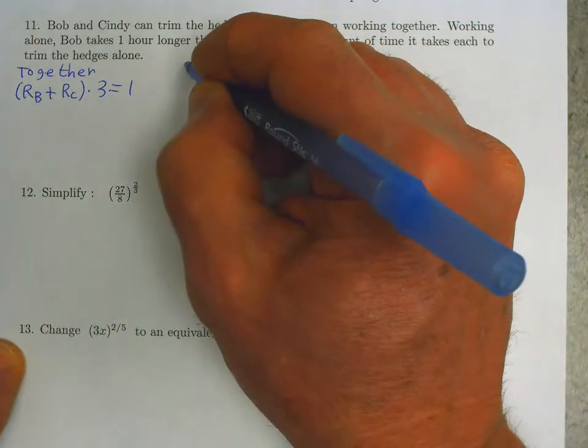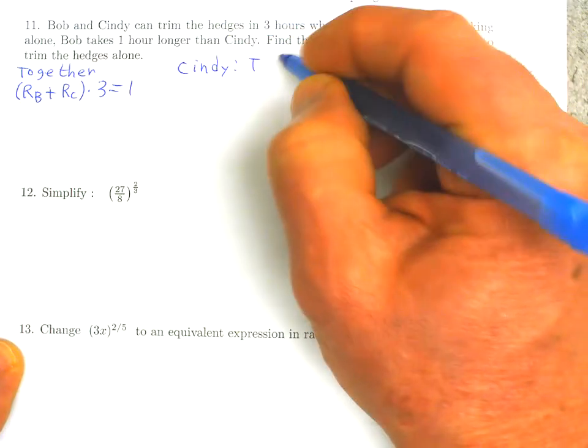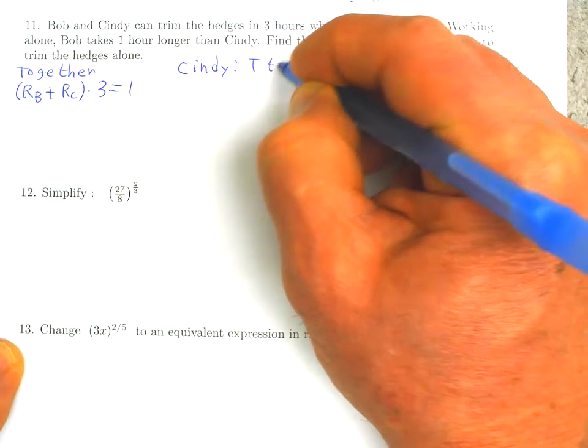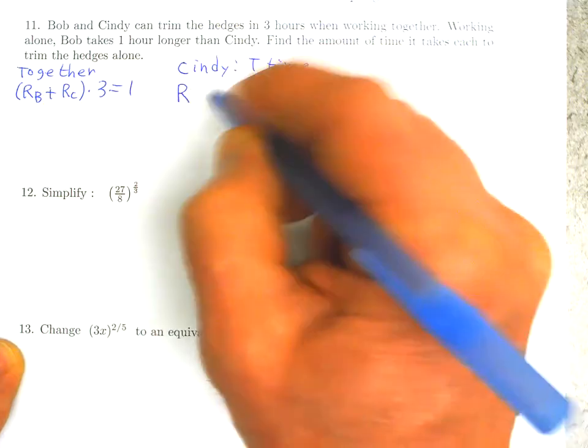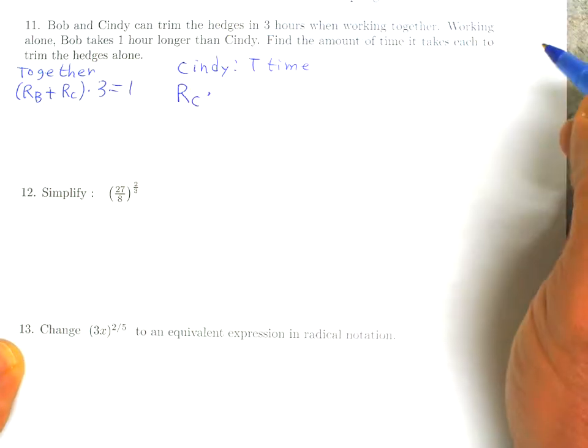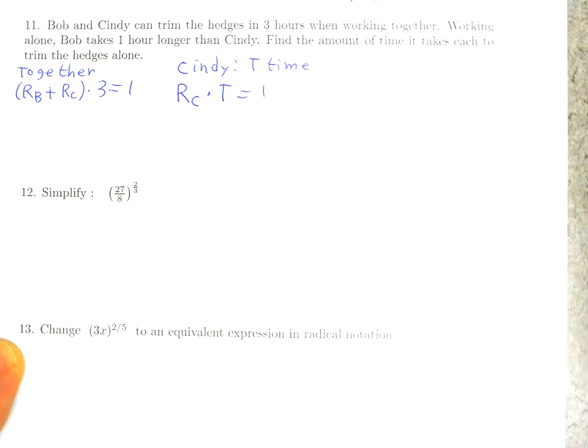So we can pick t to be the time for Cindy. We don't know how much time she takes yet, so we write Cindy's rate times t hours equals 1. Rate times time equals 1.